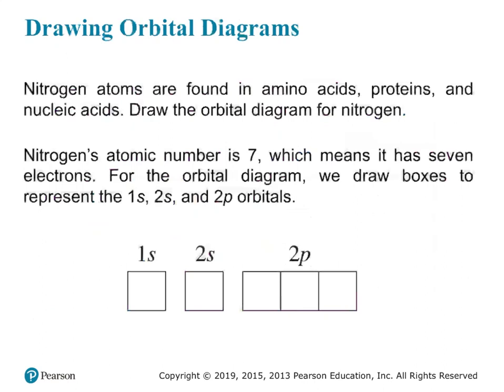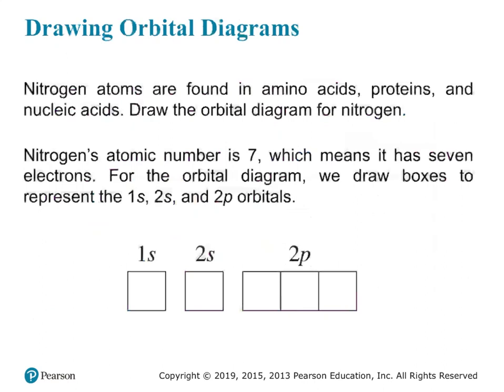Okay, so let's draw an orbital diagram. Nitrogen atoms are really important. We said before that they are one of the most abundant elements in the human body. And that's because they are found in amino acids, proteins, and nucleic acids. So let's draw the orbital diagram for nitrogen.